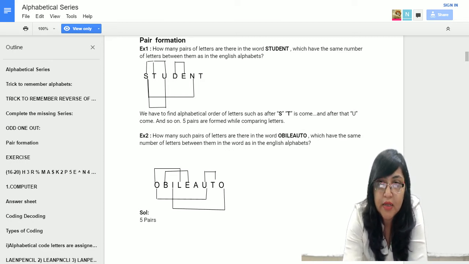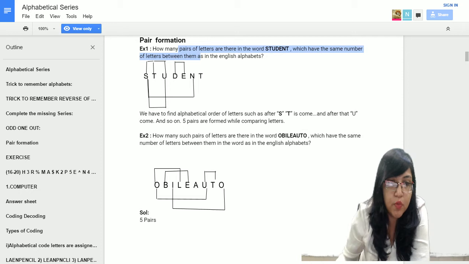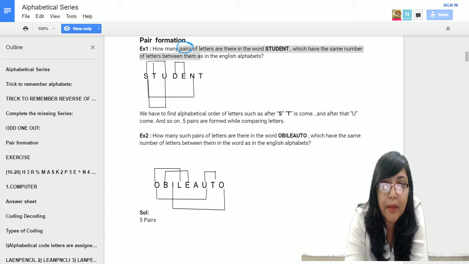Did you understand the question? They are asking how many pairs of letters. So what is the meaning of pairs? By pairs we mean two letters.